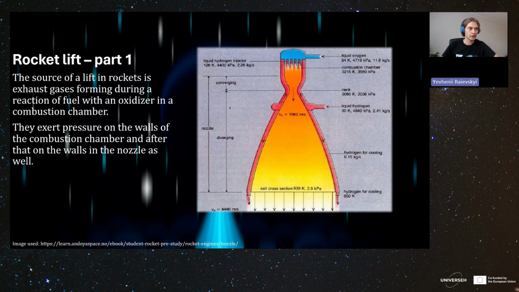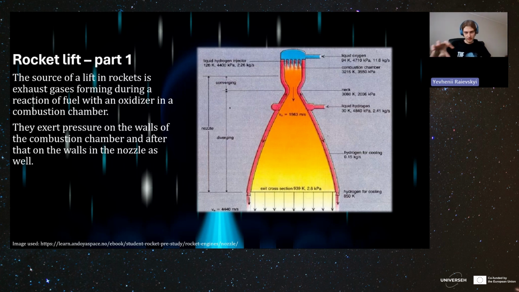So within a rocket's combustion chamber, propellants can be solid or liquid. On this image here, you have a liquid oxygen and liquid hydrogen injector. So this is an example of a liquid rocket, but for now it doesn't matter for us, because during the combustion reaction, they eventually go to a gaseous state.